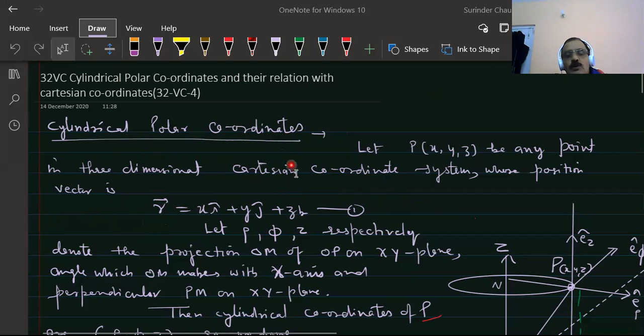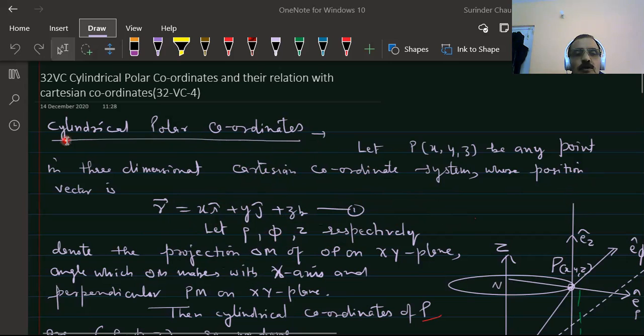We'll derive the equation for the unit vectors as well as for the surfaces and the curves in cylindrical polar coordinates, and then derive the equation for gradient, divergence, curl, and Laplacian operator in the cylindrical coordinates, in comparison with the equation of the gradient, curl, divergence, and Laplacian operator in the curvilinear coordinates.